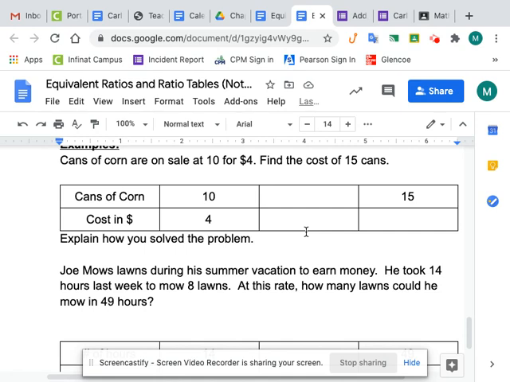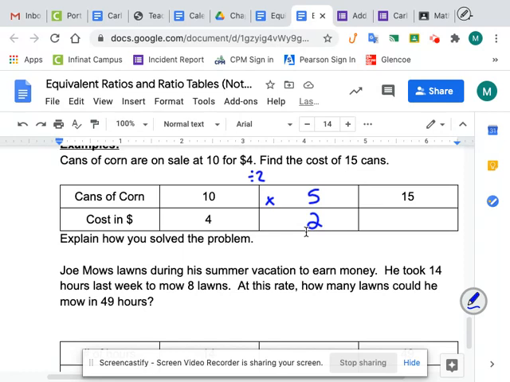This first example says cans of corn are on sale at 10 for $4. Find the cost of 15 cans. I'm thinking, what factor can I use that would get me to 15, but I also need to make sure that whatever I divide by goes into both 4 and 10. Well, 2 is my option. So 10 divided by 2 is 5, and 4 divided by 2 is 2.